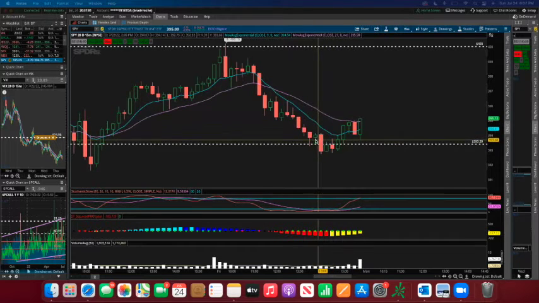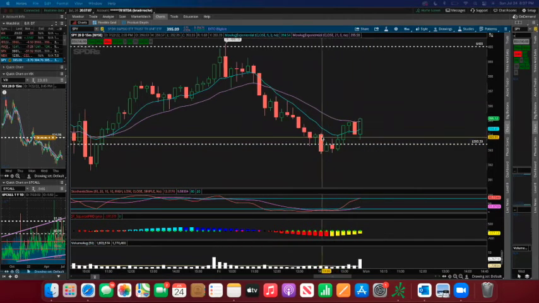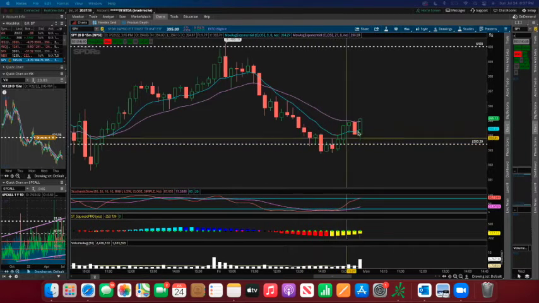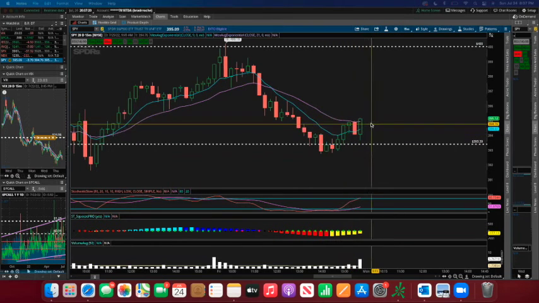I don't use the simple moving average personally; I only use exponential moving averages. The simple moving average takes equal weight of each candle, but the exponential moving average puts more weight on the last few candles. So that's the idea behind that.